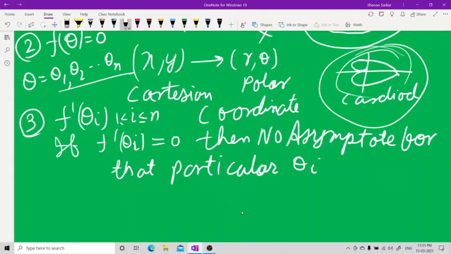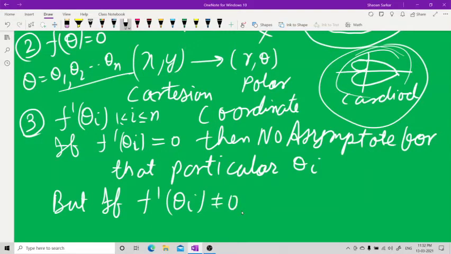If f dash theta 5 is 0, then there is no asymptote for that particular angle theta 5. Got the point?